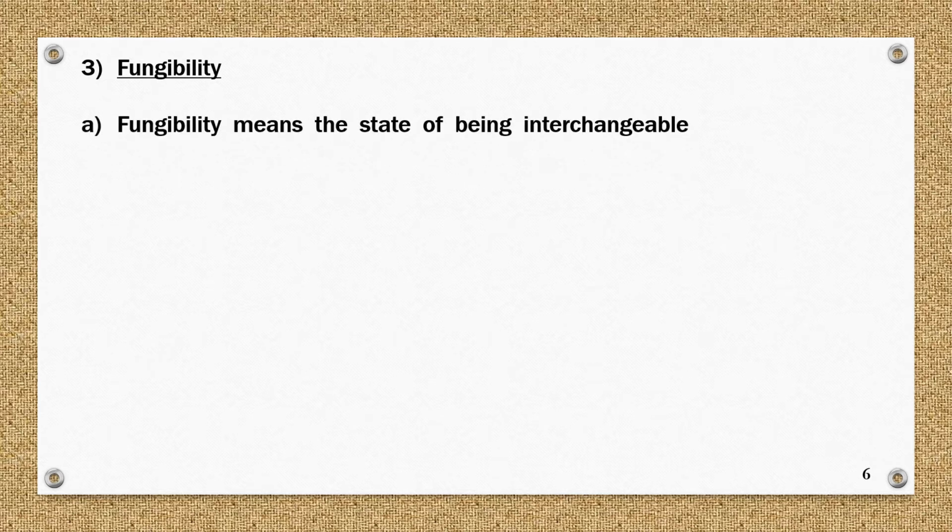The next concept speaks about fungibility. Any asset is considered to be fungible when its units are interchangeable with one another, which means that they are indistinguishable. That is, there is no difference between them. It happens when each unit of asset has the same validity and market value.